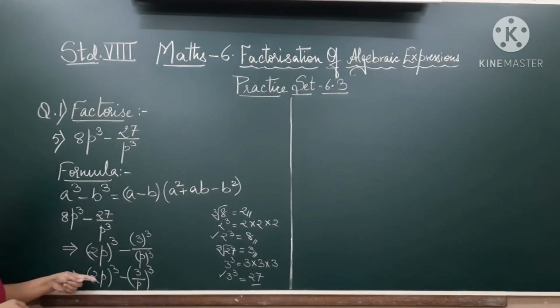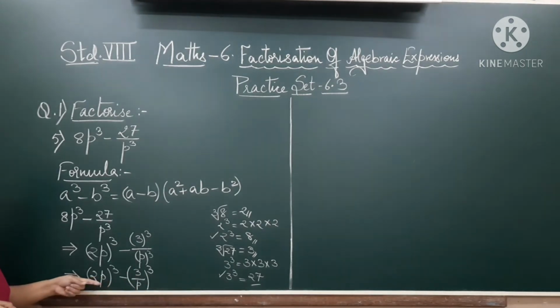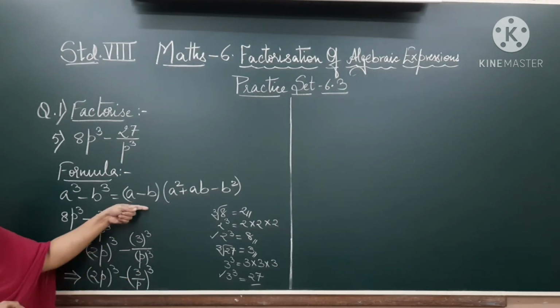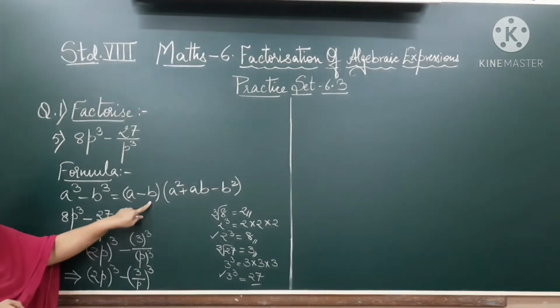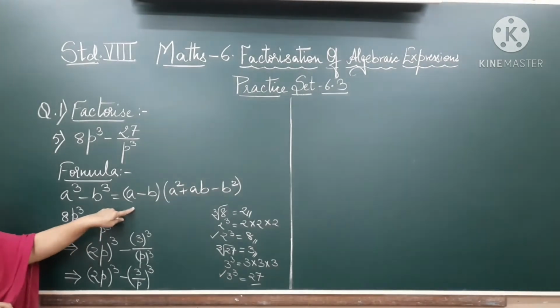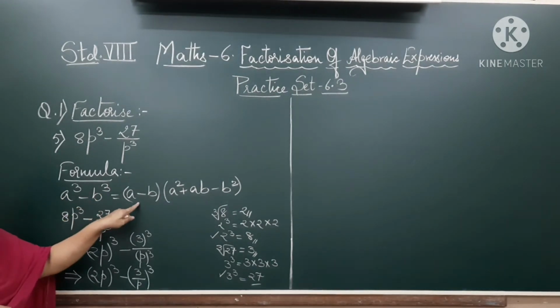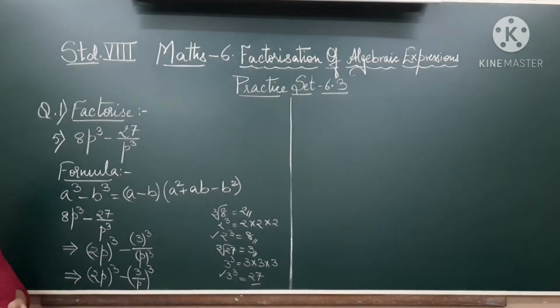So now I get a cube minus b cube. I have got the values of a as well as b, because I need them for the factorization. To write it in the form of a cube minus b cube, I need the a and b values. So I have now got a as well as b values.